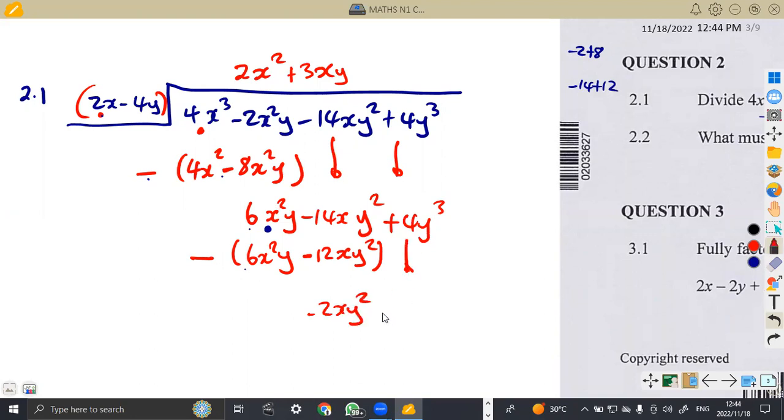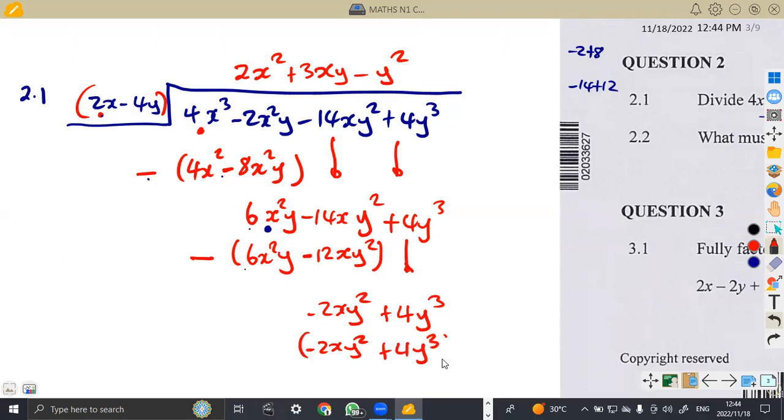We drop this part down. We divide again: 2x versus minus 2x cancel, so we remain with minus y squared. If we multiply back, minus y squared times 2x gives minus 2xy squared, and minus y squared times minus 4, take note, gives a positive 4y cubed.